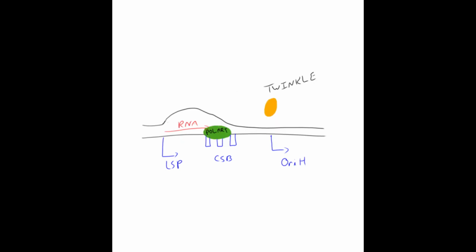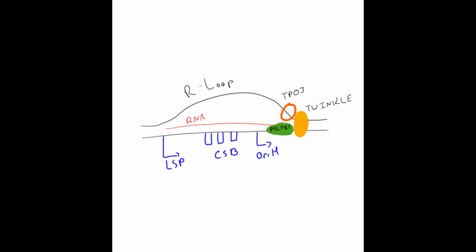As the replication fork begins to form, mitochondrial single-stranded DNA binding protein attaches to protect the separated DNA strands from reforming and also assists in the attraction of the mitochondria's version of helicase known as Twinkle, which will unwind the remaining connected DNA in the 5' to 3' direction.